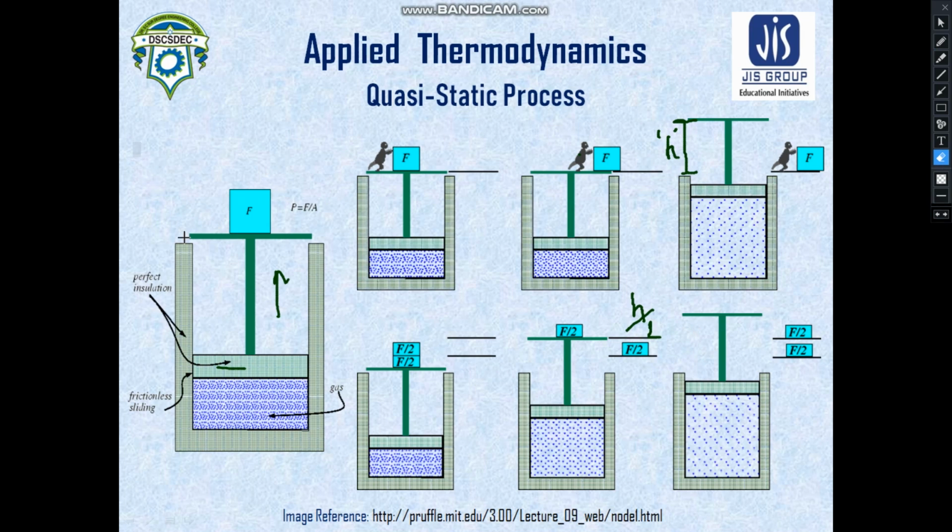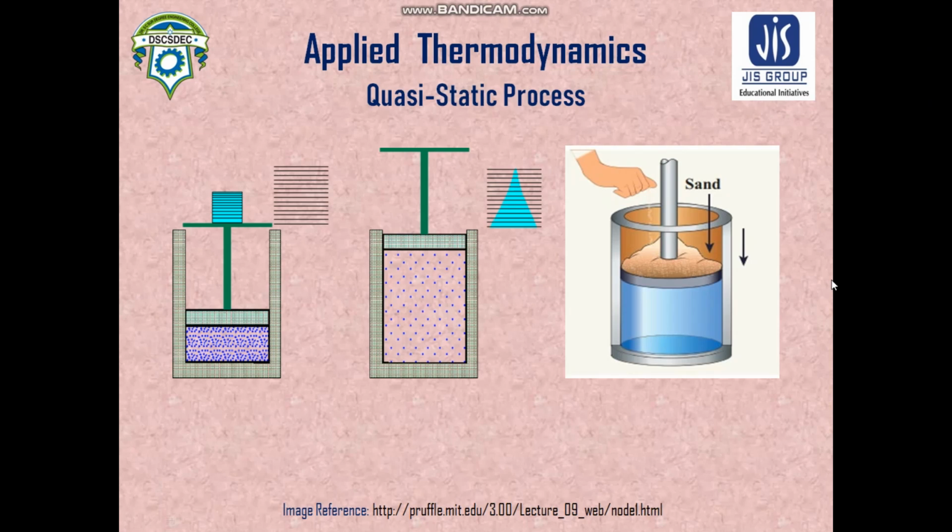Why? Because there are two weights present, and let us see if there are many weights present. In this diagram you can see that the weight has been divided into, let us consider, say 15 divisions.